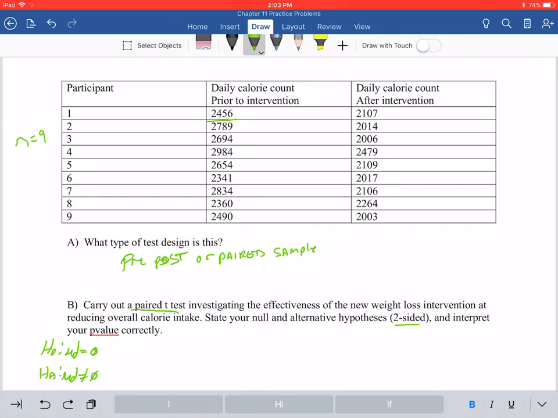Remember, when we're doing our paired or matched, we're going to find our prior to and after, so pre-post, from participant 1, subtract them out, and you get 349, 775, 688, 505, 545, 324, 728, 96, and 487.